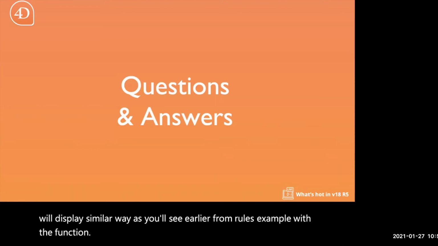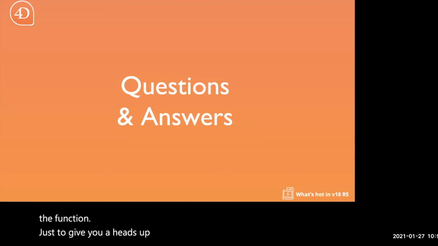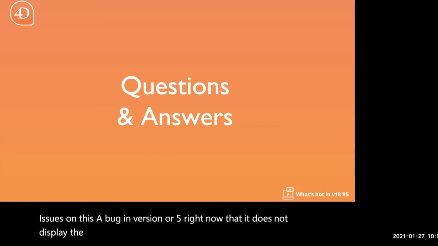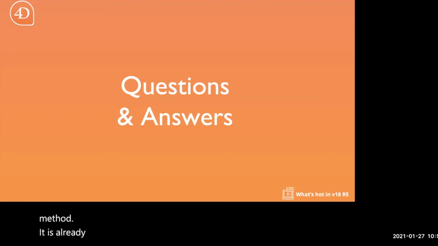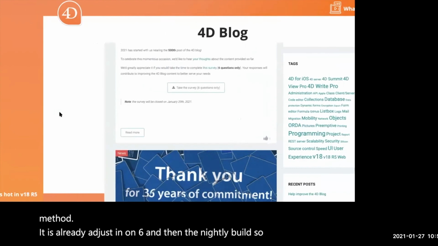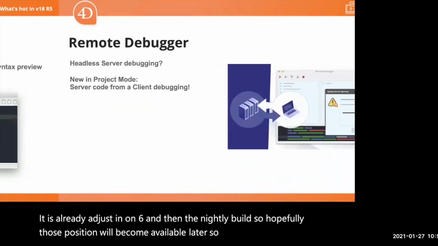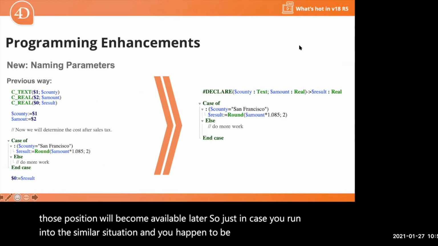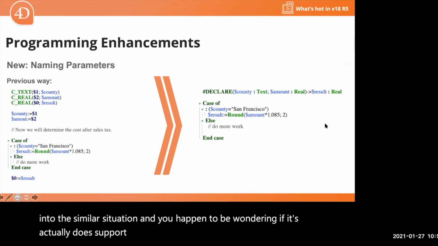Just to give you a heads up, there's a bug in version R5 right now where it does not display the full text of your declare statement from a project method. It is already addressed in R6 and the nightly build. So hopefully those versions will become available later, in case you wonder whether it supports project methods or not. It will be there.